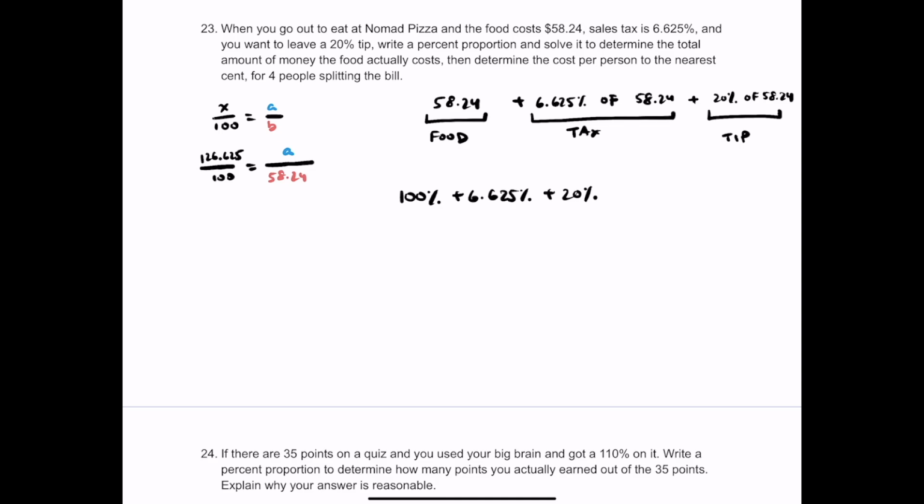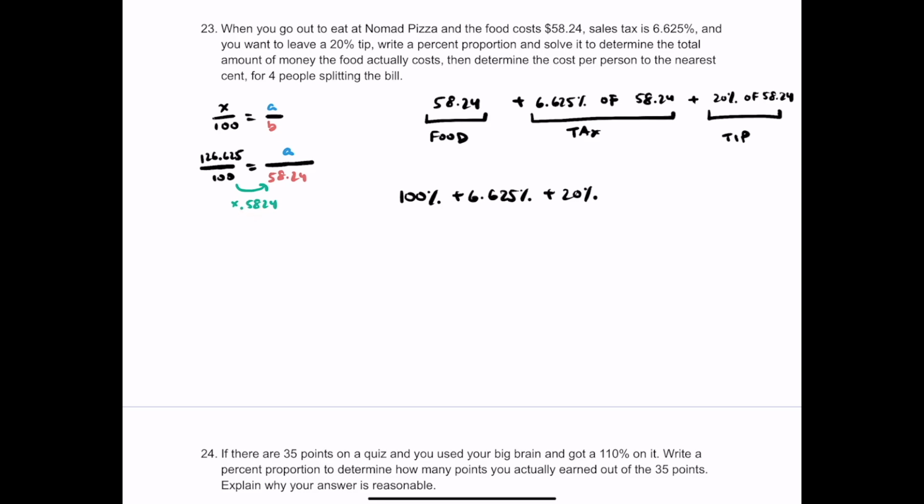So while there's a few different ways to solve this, I'm going to go ahead and keep using the percent proportion. So 100 times something is going to get 58.24. So I could do 58.24 and just divide that by 100. And that's just going to be times 0.5824, right? If you were to multiply that by 100, you would slide the decimal over twice.